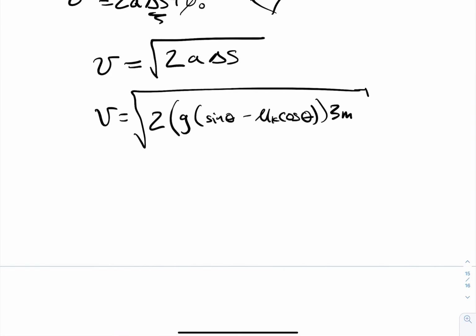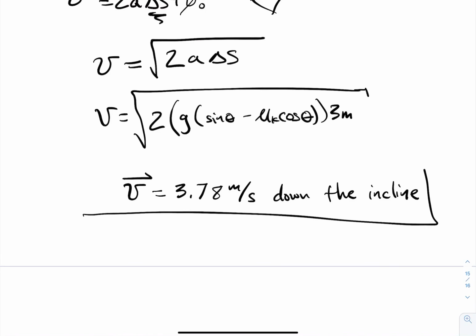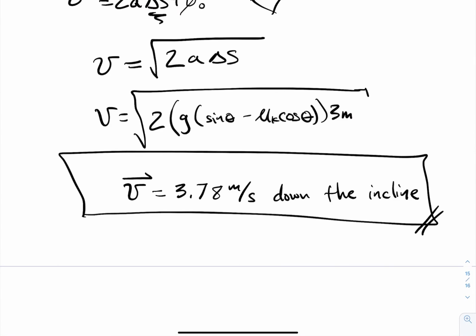If we go ahead and type this all out, we could give the velocity of the crate after 3 meters of motion, and it would be 3.78 meters per second, and we will say down the incline, just to make sure we show the direction. So that was a pretty good problem.